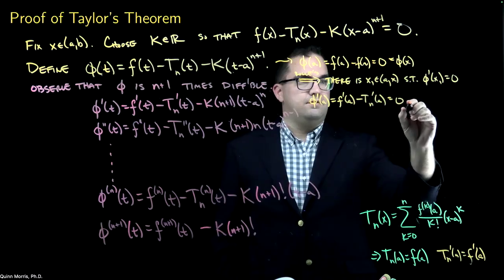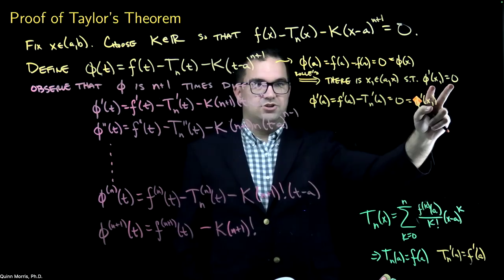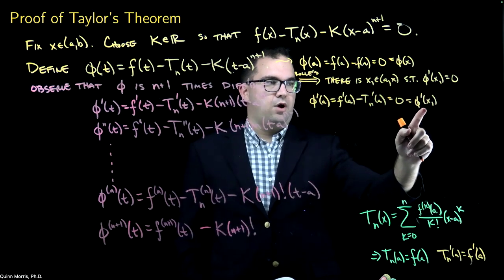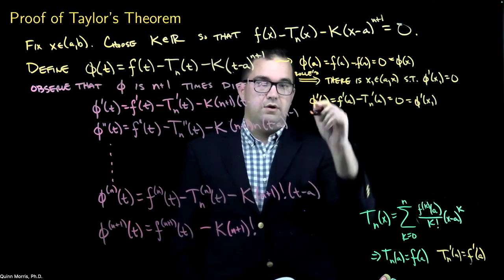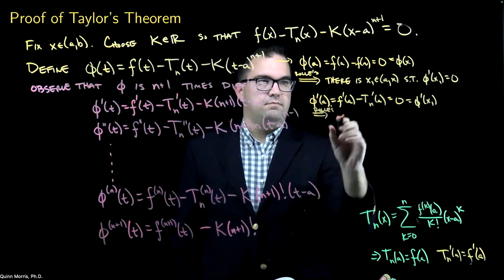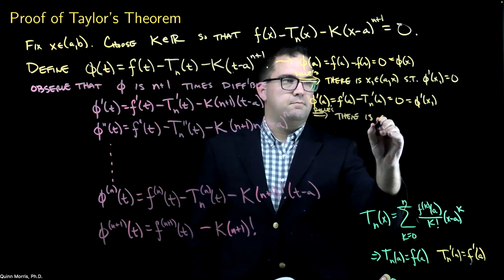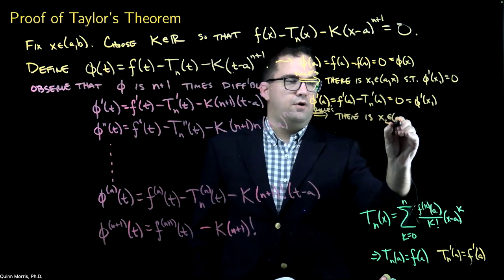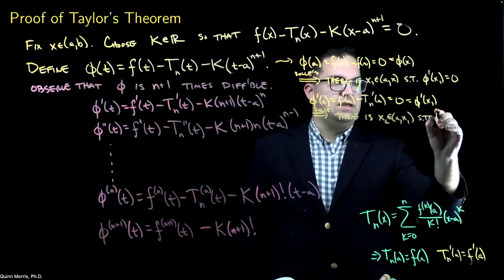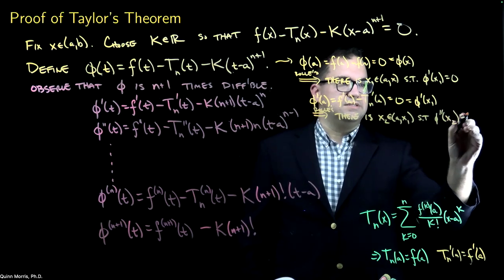And I know that phi prime of x1 is 0 from the way I chose x1. And so now I have phi prime of a is equal to phi prime of x1, both of which are 0. And so again, by Rolle's theorem, there is an x2 in the interval a up to x1 such that phi double prime of x2 is equal to 0.